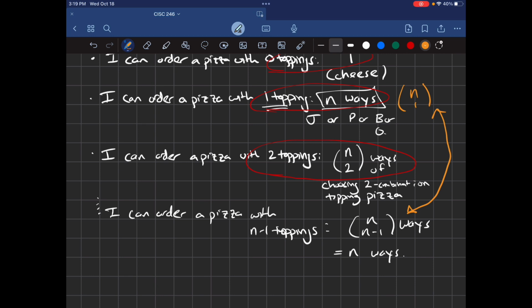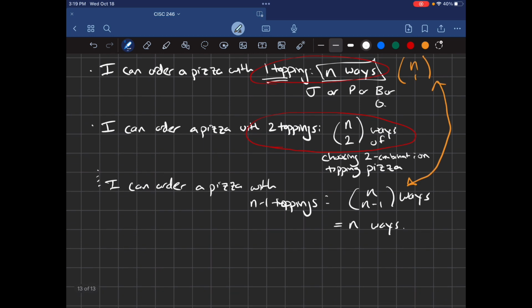But that's beside the point. And then finally, you can order a pizza with n toppings. That's going to be n choose n, and that equals 1 way.